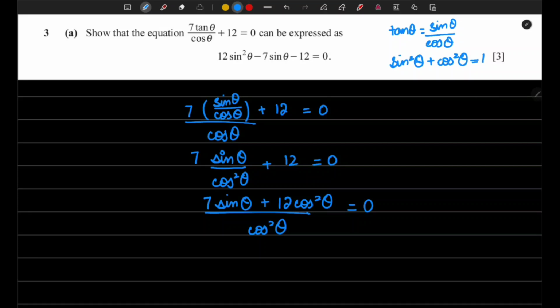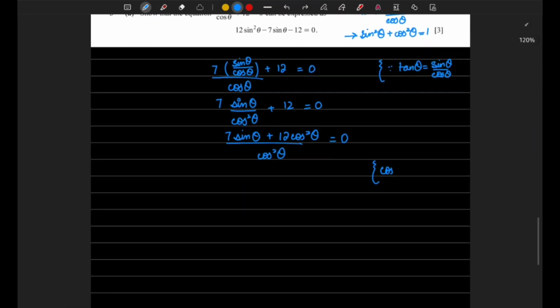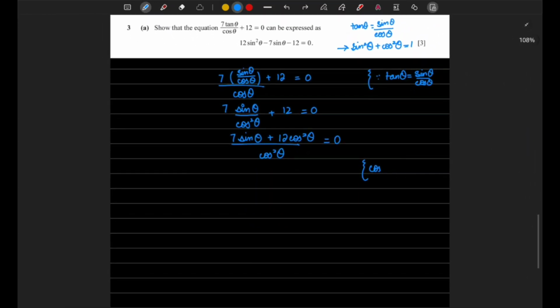Now we know that we are supposed to use any version of this formula, so side by side you can write what you are doing. And here we will be using cos, as we have the final equation in just sine theta. So let's substitute cos square theta equals 1 minus sine square theta.